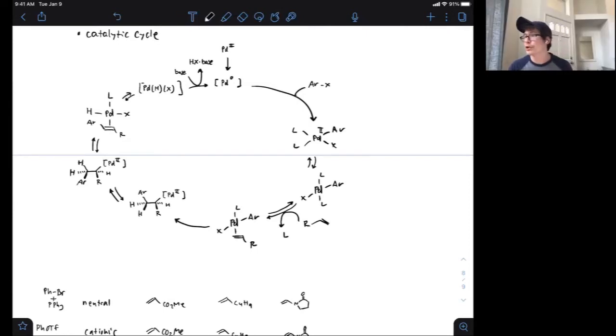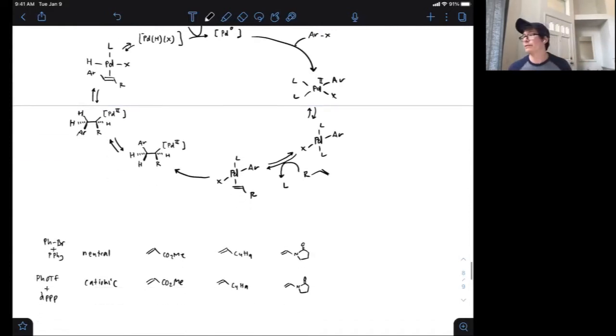Beta hydride elimination, and then as we saw previously, there is this discrete process where the metal hydride needs to get off the alkene, find base, and that indeed is a key thermodynamic driving force in this reaction. Let's see, did I miss anything in my notes? I think I got it all.